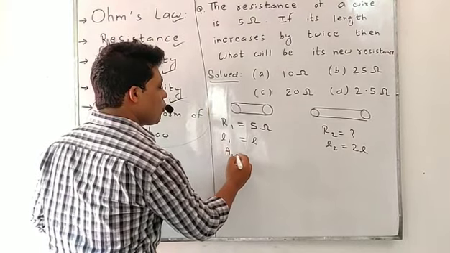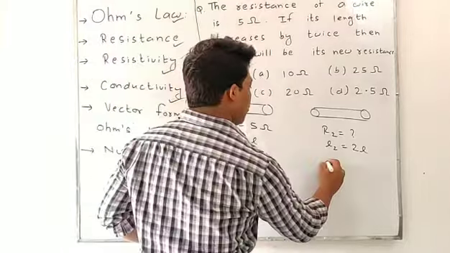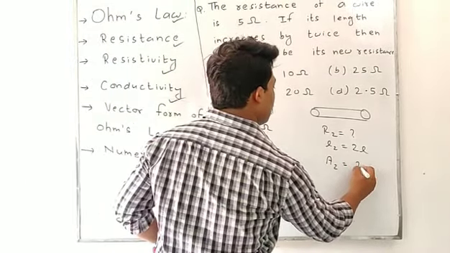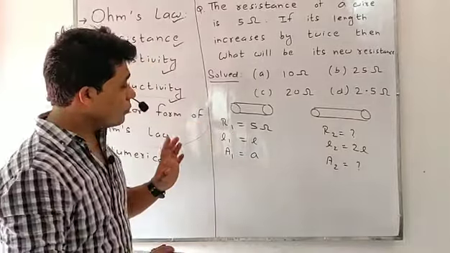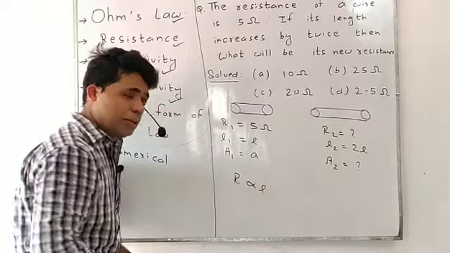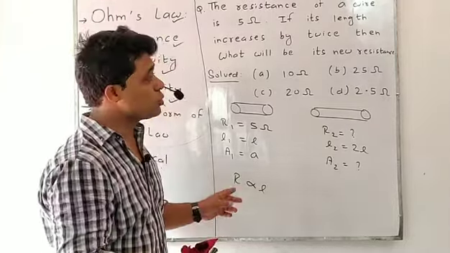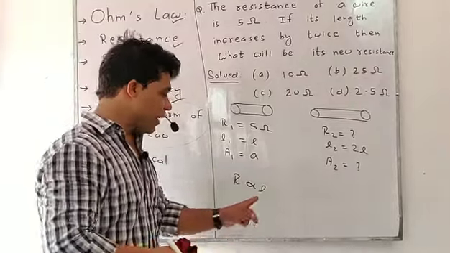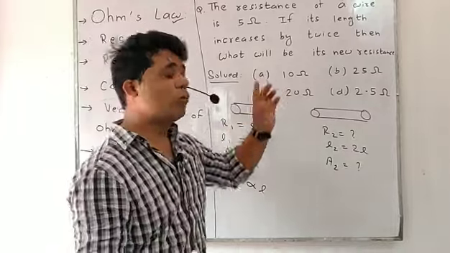Let the initial area of cross section A1 be A, and A2 we have to find. Generally, you think resistance is directly proportional to the length. On increasing the length twice, resistance also becomes twice. So generally we'll go with 10 ohm.